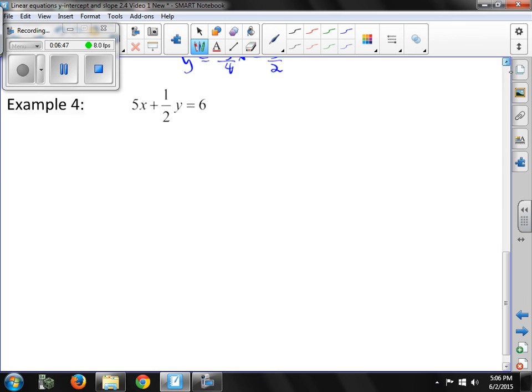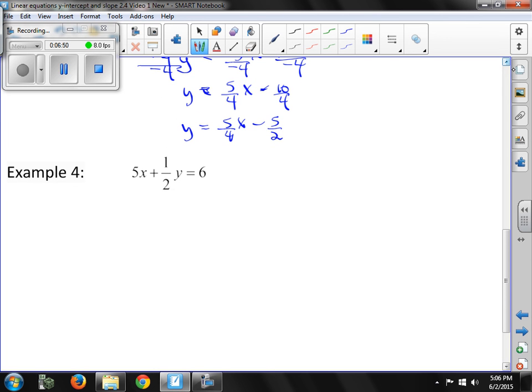Here's our last example. Notice I need to solve for y again. So I'm going to subtract the 5x. I have 1/2 y equals -5/2 x plus 6. Now to solve for y this time, I have this 1/2 in front. It's a fraction. I'm going to clear that fraction by multiplying every term by 2.